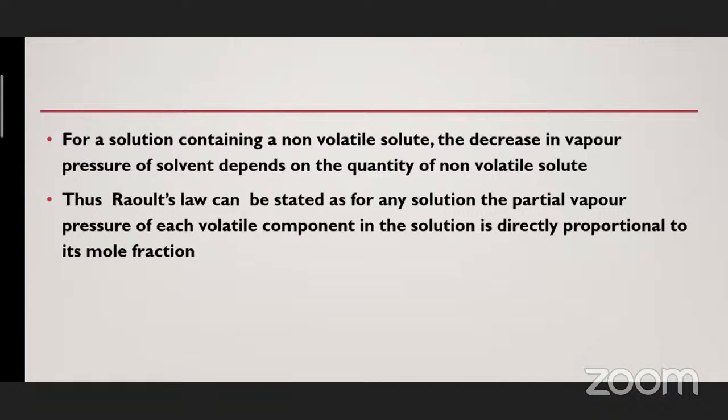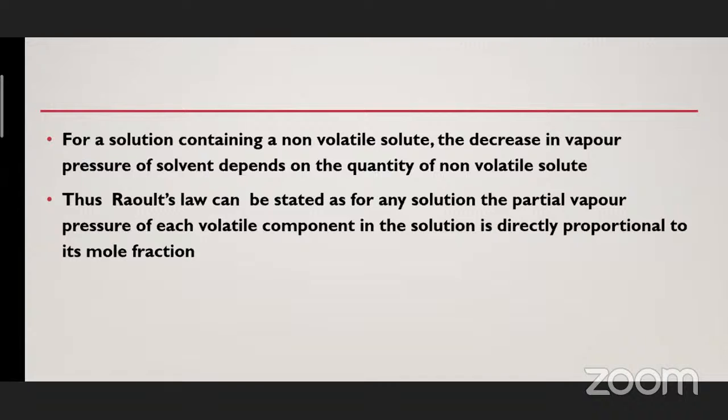If I add a lesser amount of solute, the vapor pressure lowering will be lesser. If I add more solute and prepare a much more concentrated solution, the vapor pressure is lowered much more. So this is Raoult's law.